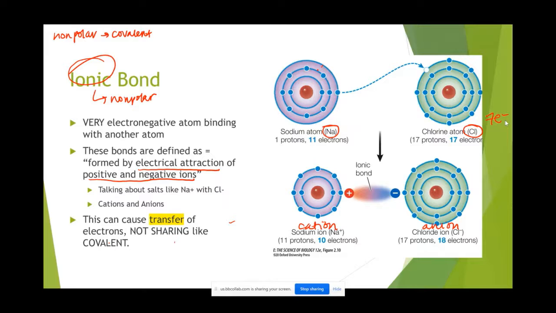Let's say this is person number 2 and person number 1. They like each other. Person 2 wants a little bit more affection from number 1, so chlorine wants more affection from number 1. Let's call the electron affection. So sodium is going to give that affection to chlorine. Chlorine is in love with sodium.